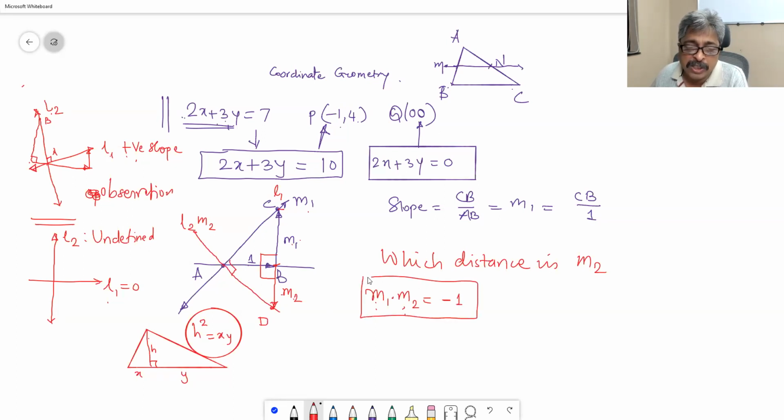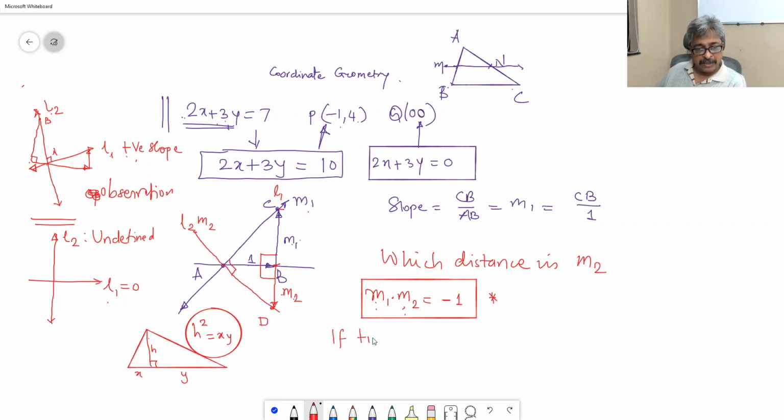So, this is the necessary condition. If two lines are perpendicular, product of their slopes is -1, or those lines are parallel to coordinate axis. Okay, important.